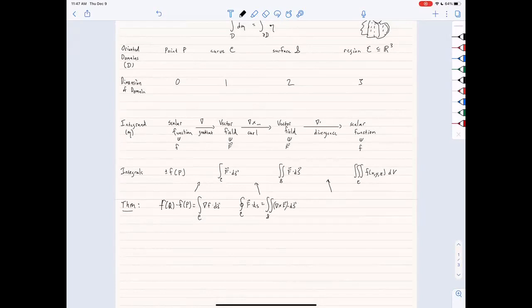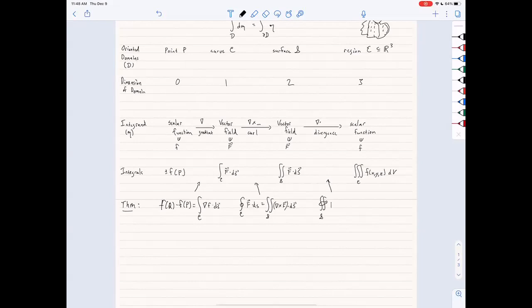And it relates a three-dimensional scalar integral, which is of a divergence of a vector field, with the vector integral of the vector field itself. So I'll write it down and then say what it is. So this integral will look like this. So the boundary will be a closed surface.